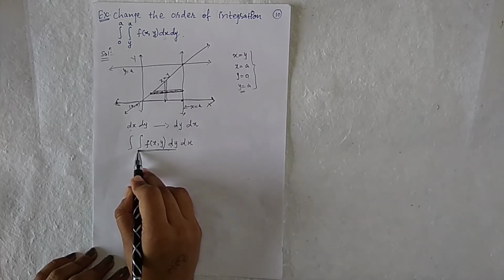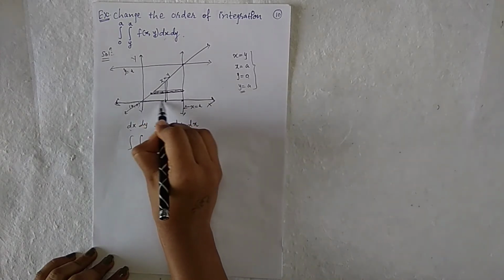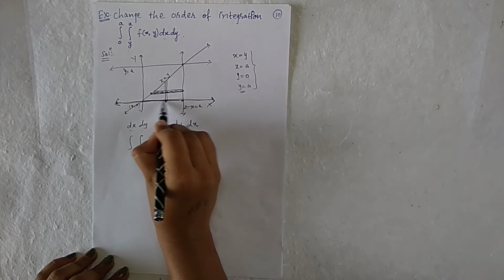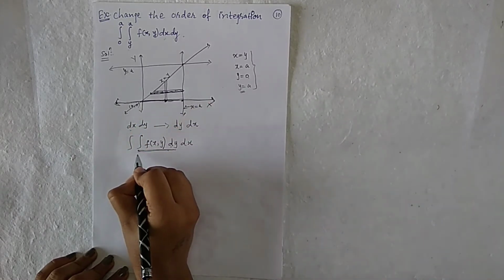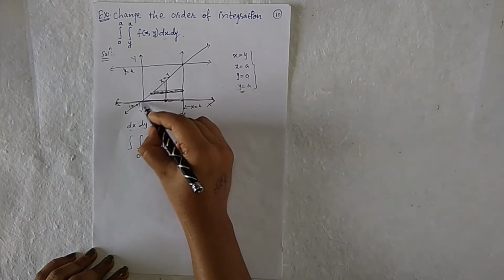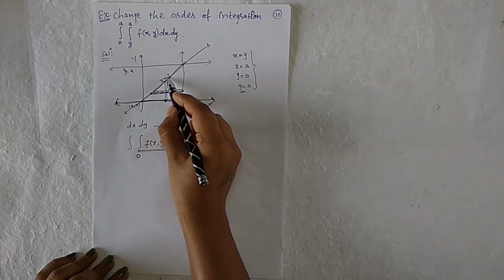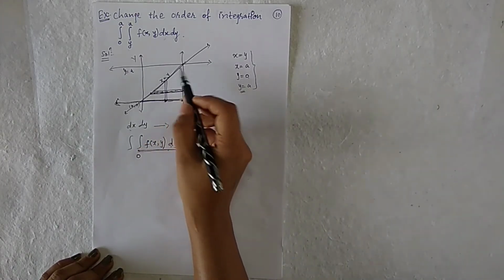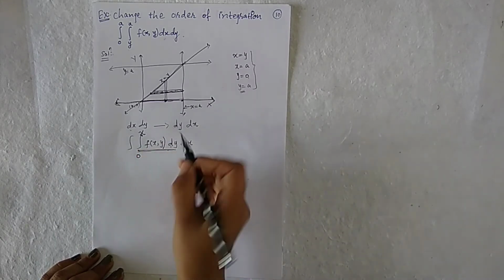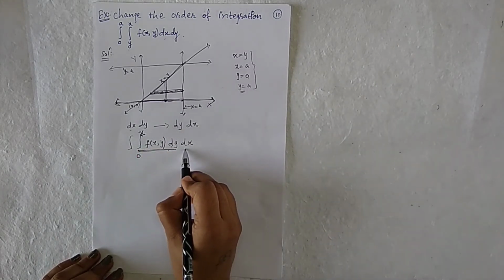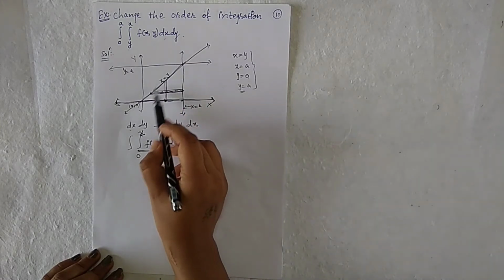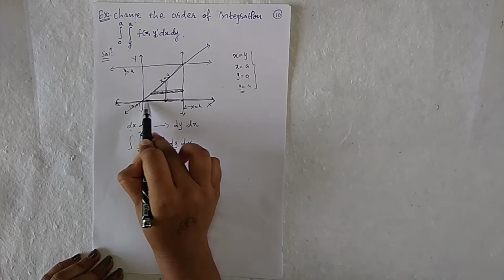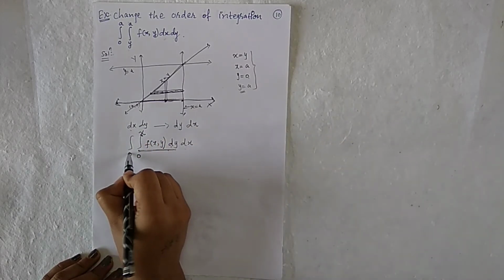So here y varies between the lower limit, this is x is equal to 0, so 0 to it going x is equal to y. So in y, that is y is equal to x. Next we are putting the limit of x. So in this region x varies between 0 to a.